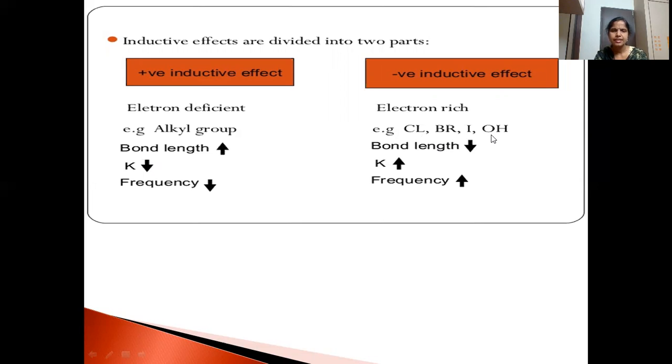They act as minus I groups, so they attract the electrons towards themselves. So the C=O bond length will decrease. When bond length is decreasing, the K value will increase and the frequency also increases. Whereas in the case of the alkyl group, as it is giving electrons to C=O, the bond length will increase, so the K value will decrease and the frequency also decreases.